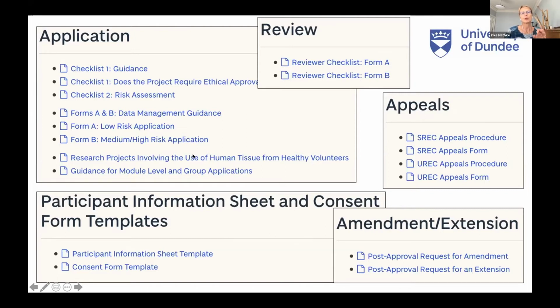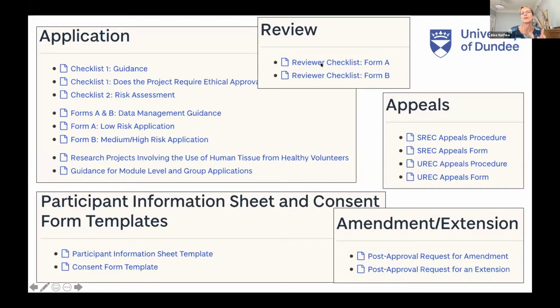If a research project involves the use of human tissue from healthy volunteers, we have a Tayside tissue depository that collects tissue, and direct applications are possible to that group that do not require a specific ethical procedure, because they have already been ethically approved for tissue research of specific type, and that goes directly there. So these procedures tend to be for other projects.